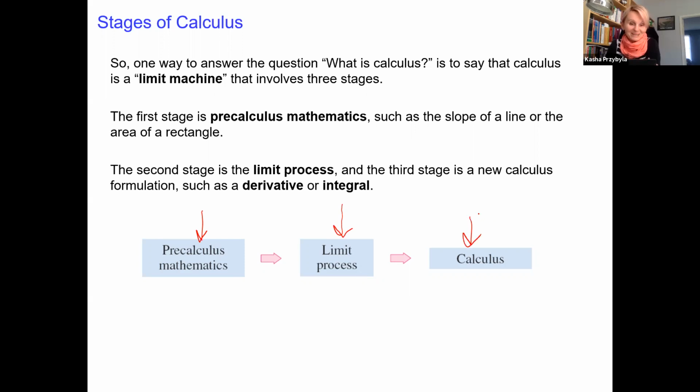calculus, okay, and we do have two main parts of calculus, which are derivatives and integrals, but they are so connected. Okay, we will see it's like a circle.